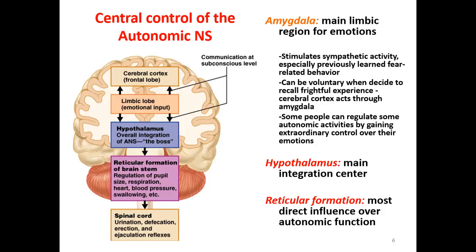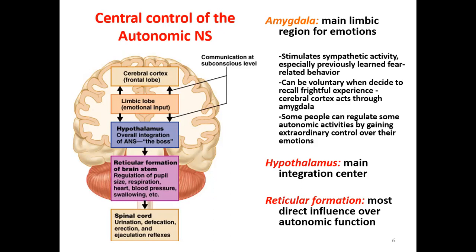So it has a subconscious level of communication. This limbic lobe, the emotional region in the brain, has a subconscious communication with the cerebral cortex as well as the hypothalamus, which is the overall integration system of the ANS. And this hypothalamus is called the boss of the autonomic nervous system.